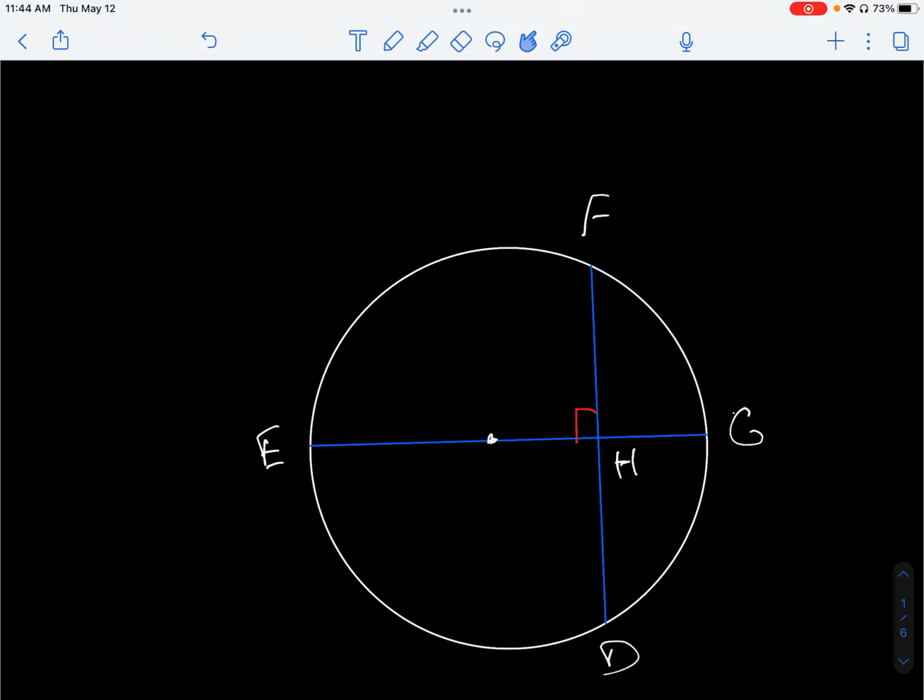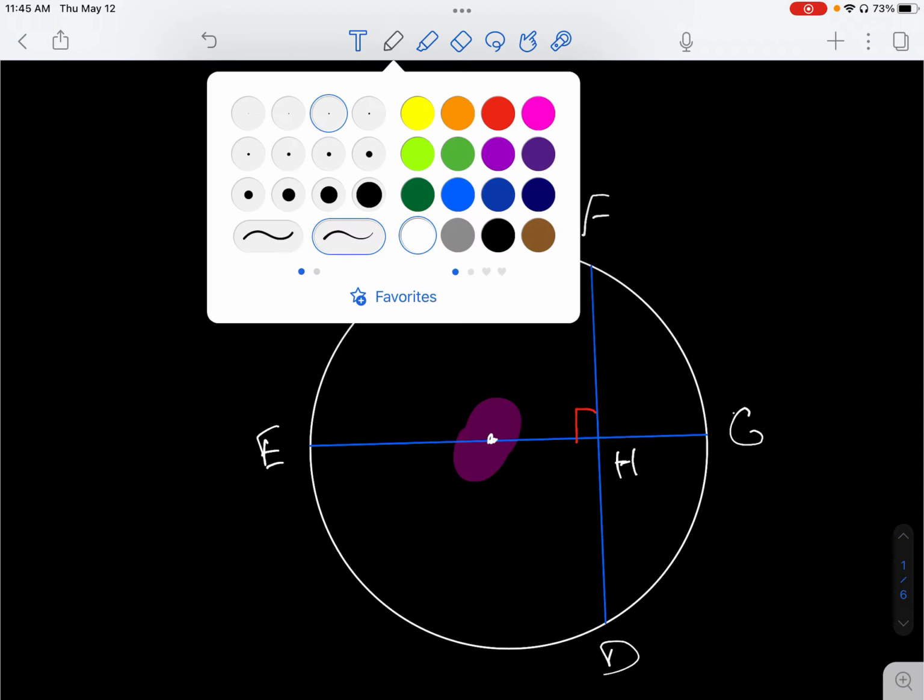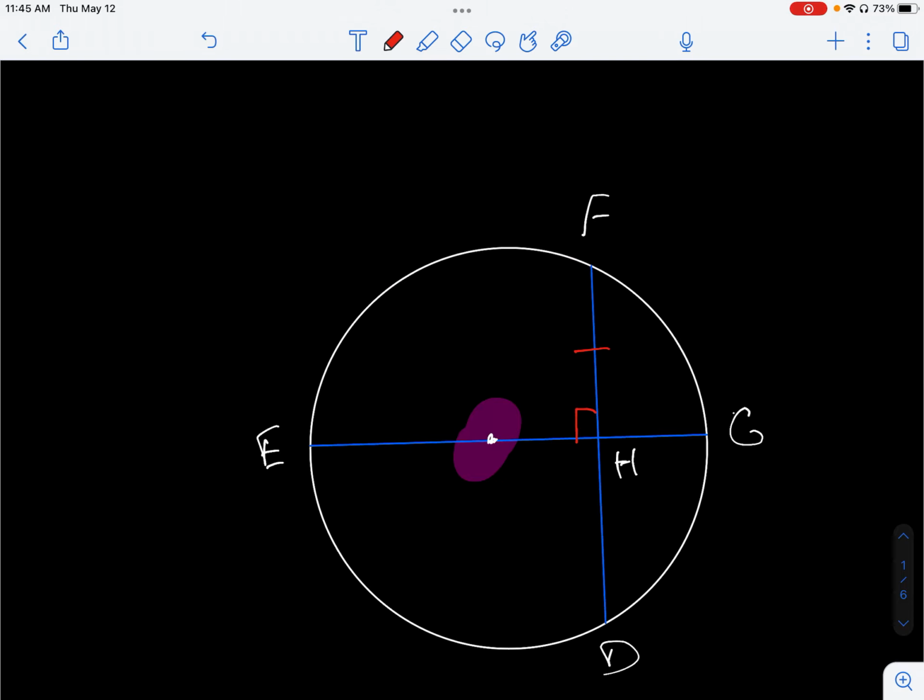Let's go look at the other side of the rule. Here we clearly have EG is a diameter, because here's the center. And there's another chord that runs through it, so it intercepts at a right angle, and therefore it bisects this chord.